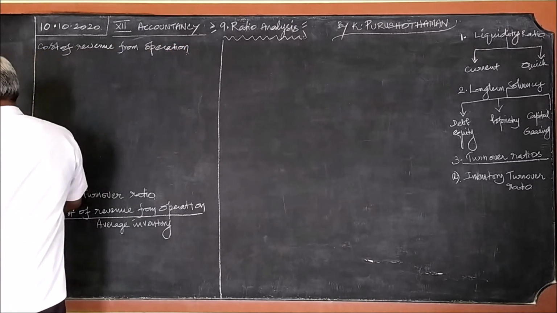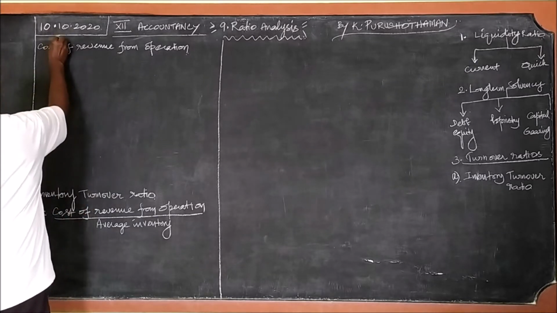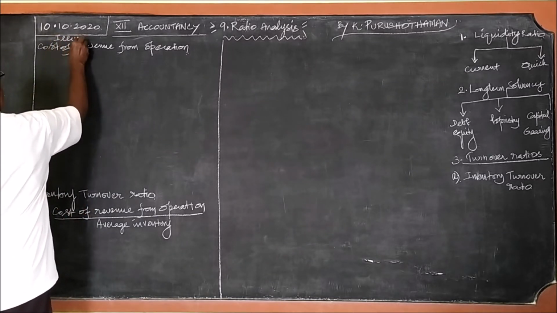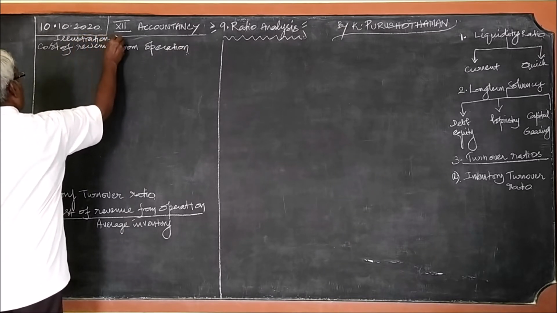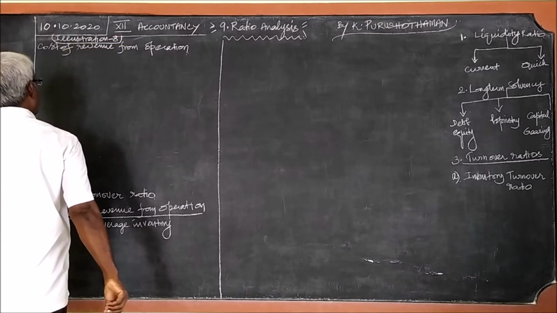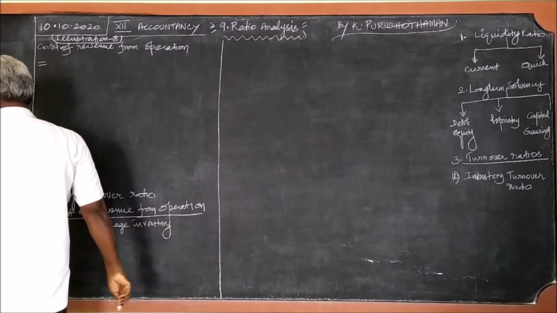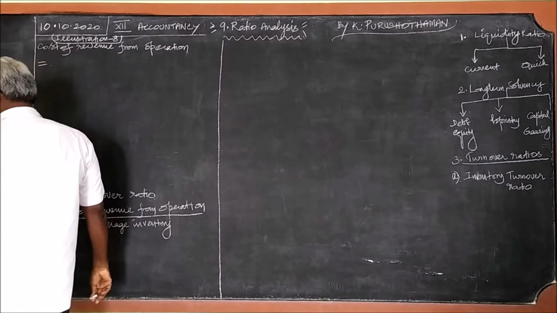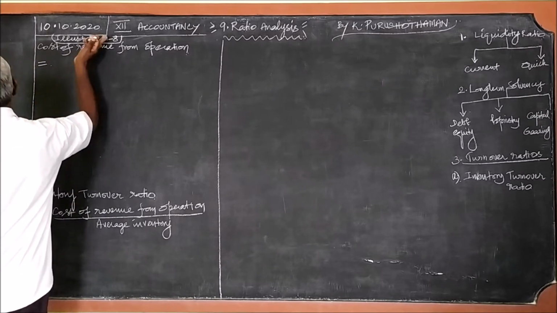This is what we are going to do, illustration 8. To find the cost of revenue from operation, we can go to illustration number 8.